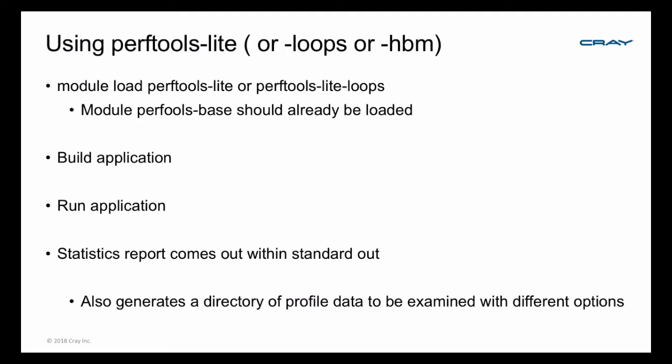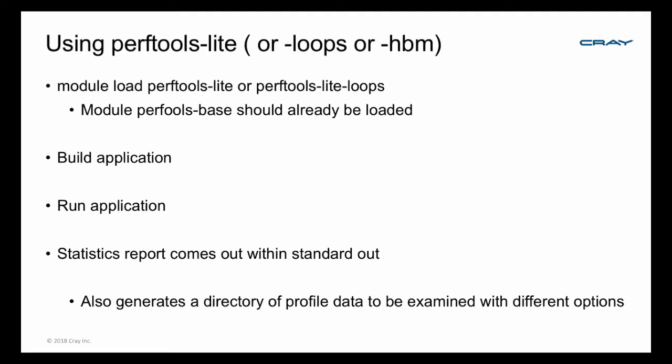And that is usually the default on Crays, so all you have to do is load Perftools-lite. Then you build the application, you run the application, and the statistics report comes out within standard out.